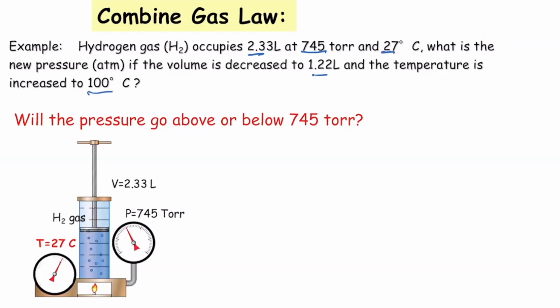You're increasing the temperature. Both instances show you that the pressure has to go up. So your answer, P2, should be greater than 745 torr. Based on your common sense, that's where your answer should be. Keep that in mind.